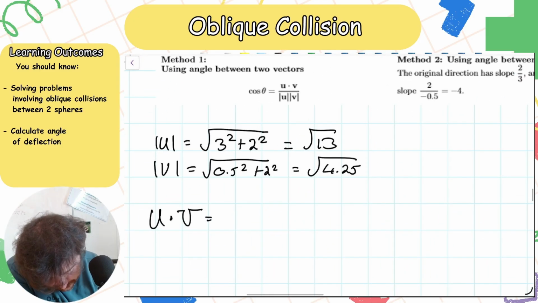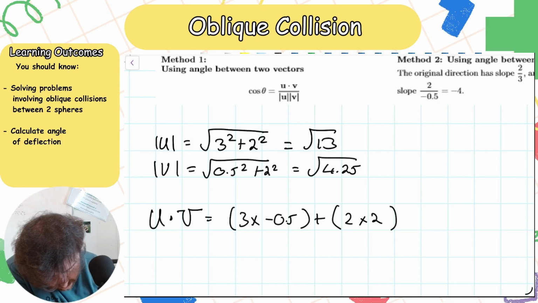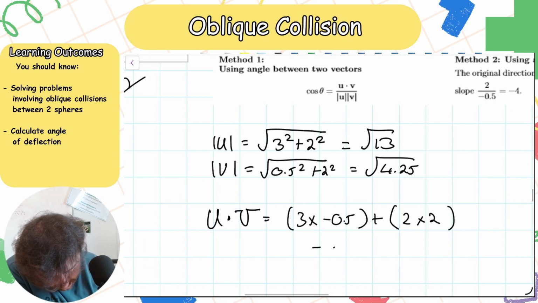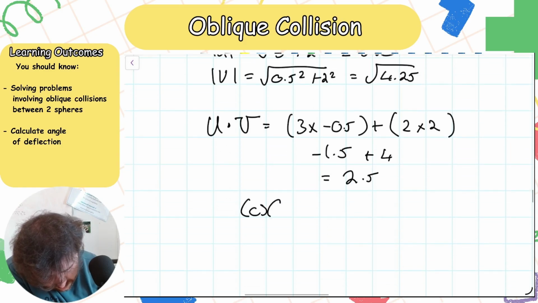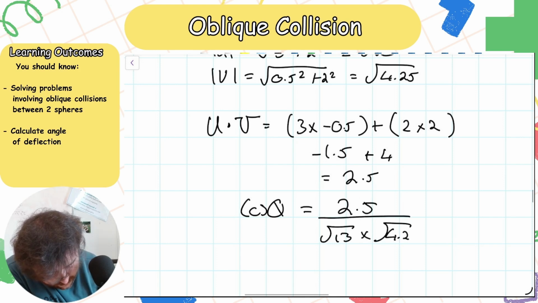So it's going to be 3 times minus 0.5 plus 2 times 2, which is minus 1.5 plus 4, which is equal to 2.5. So cosine theta is equal to 2.5 over root 13 times root 4.25.